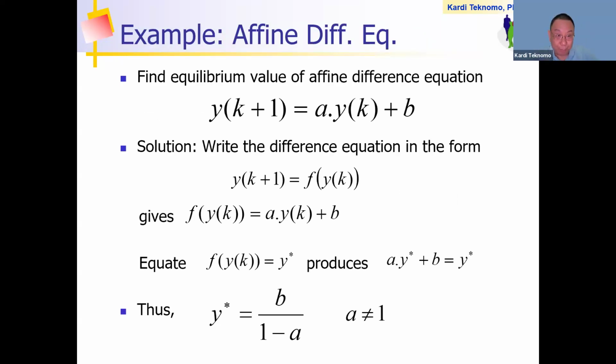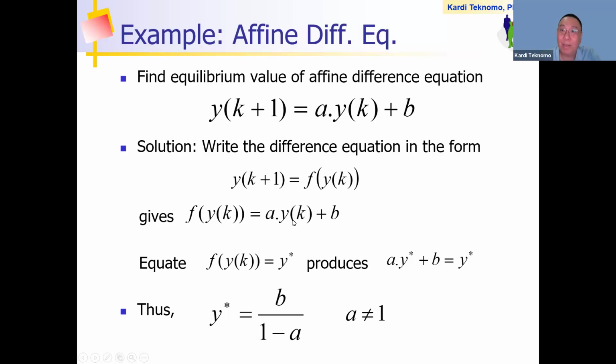I'll give you an example. The one from a while ago is called an affine difference equation, right? This is the formula, isn't it? So how do we compute the equilibrium value? Easy. We write it this way: y_{k+1} equals a function of y_k, and that function here is a y_k plus b.